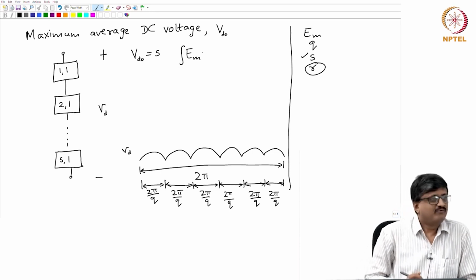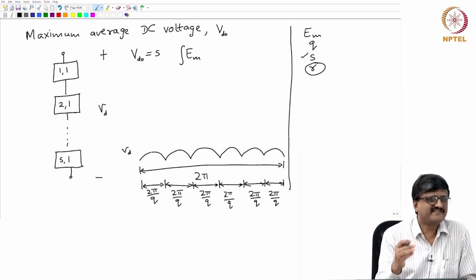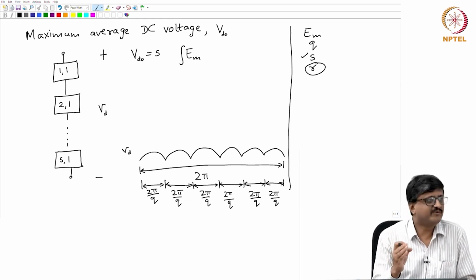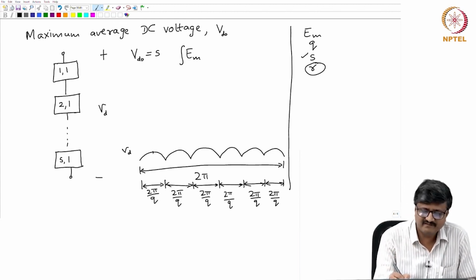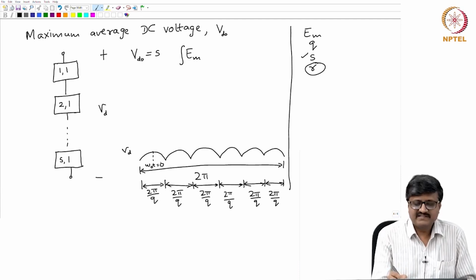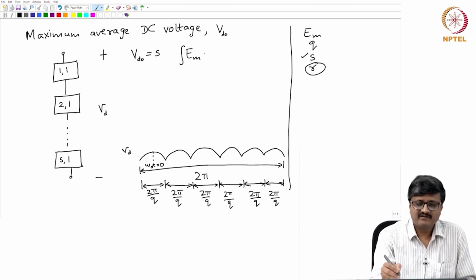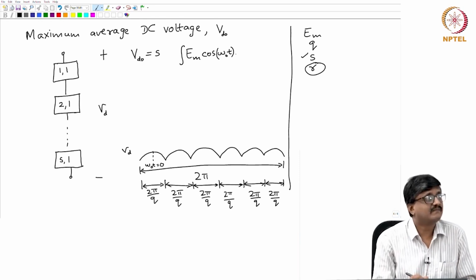Now, an easy way is, I can arbitrarily fix the instant t equal to 0 or omega t equal to 0. Suppose I fix it here at the peak. Suppose this corresponds to omega t equal to 0, the instant at which the peak occurs. Then what is this waveform? It is Em cos omega t.